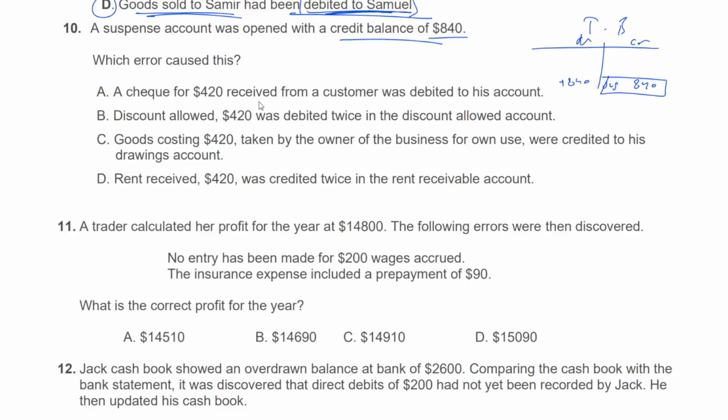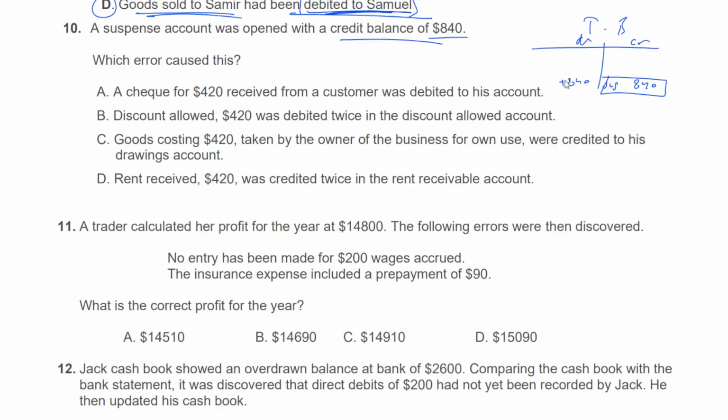A check for 420 received from a customer was debited to his account. When we receive a check from a customer, we credit the customer account. So this entry is normally supposed to be on the credit side, but instead we put it on the debit side. Actually, that makes sense. I think that could be the answer. Let me read that again.